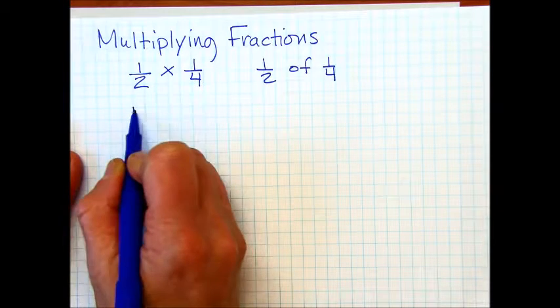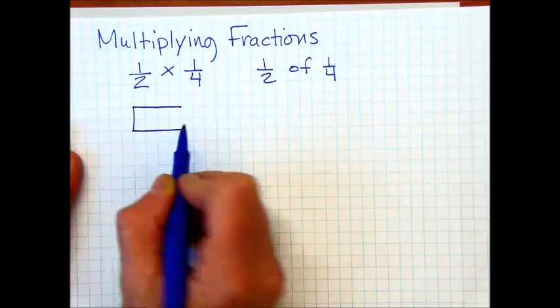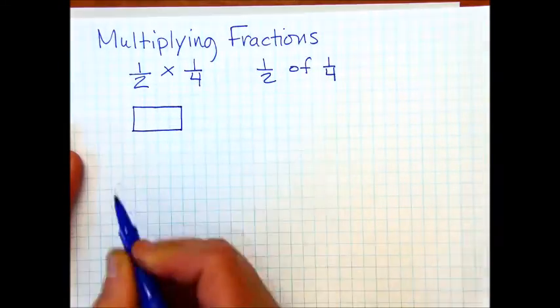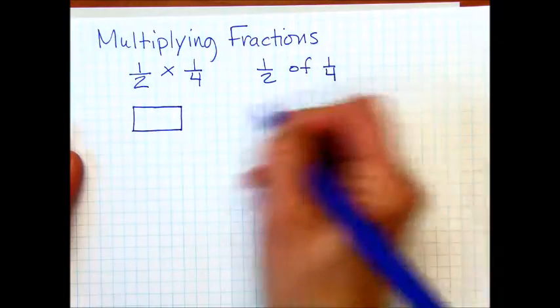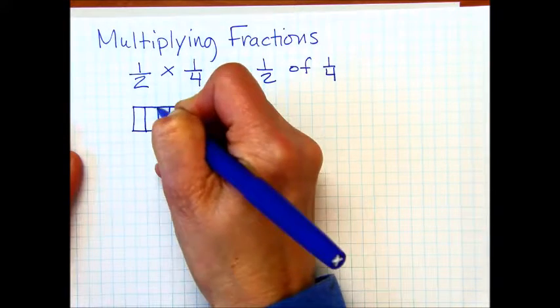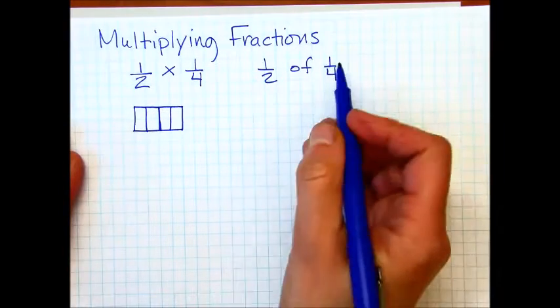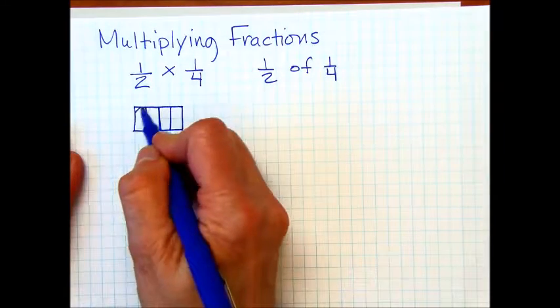So I'm just going to draw like a bar. And I'm going to need 4 equal parts. Each part is worth 1/4. Okay? And if I have 1/4, that means one part is shaded.